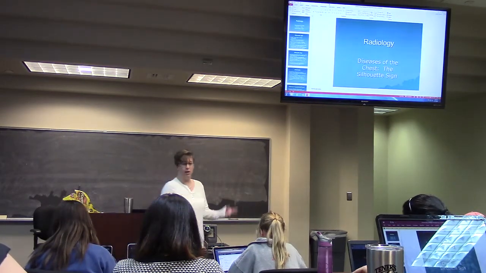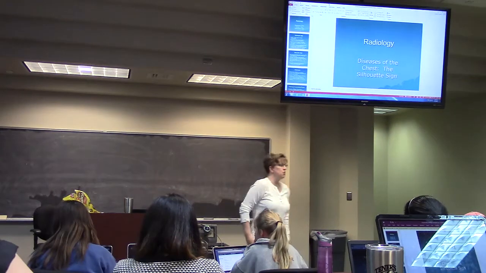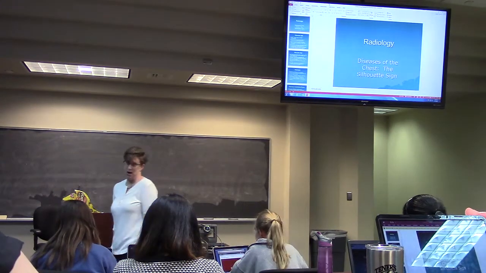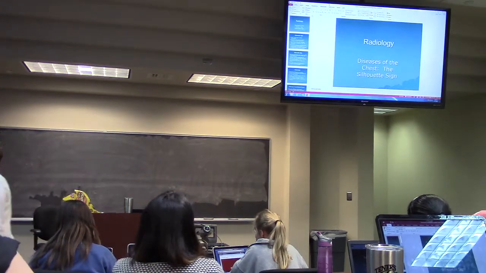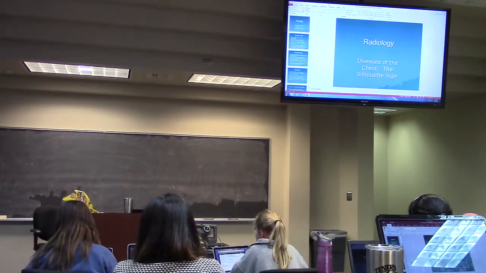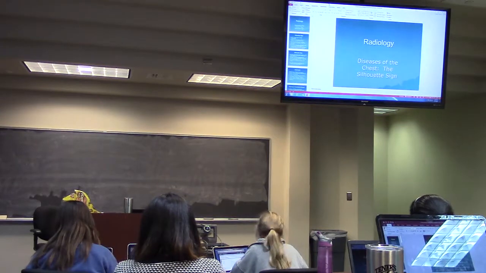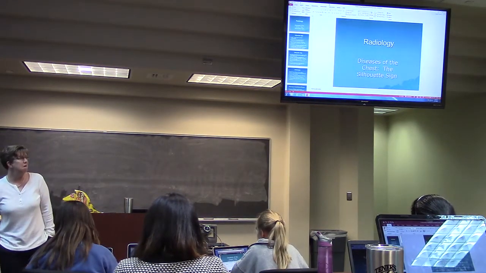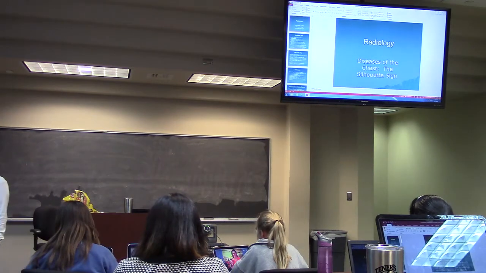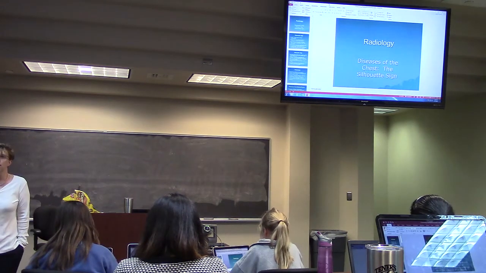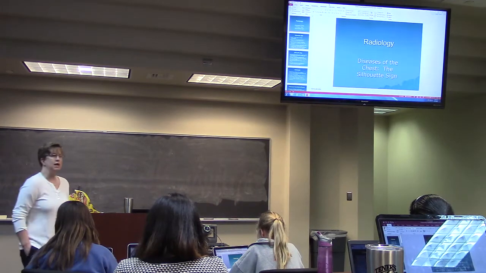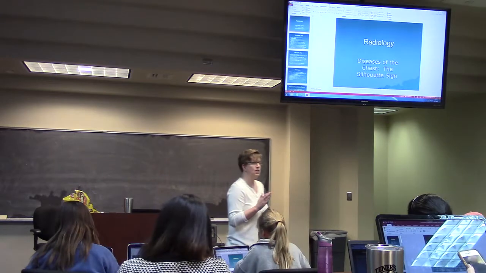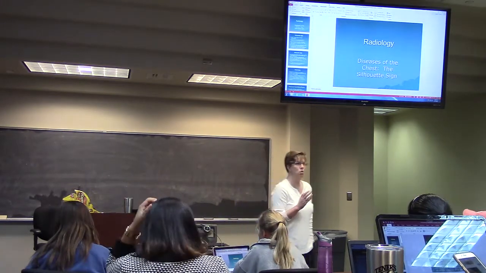So this is the loss of a silhouette sign. That's really what it means, the loss of the shadow projected onto the chest x-ray. So if you get blurring of a margin, that means that something is beside it, behind it, or in front of it.